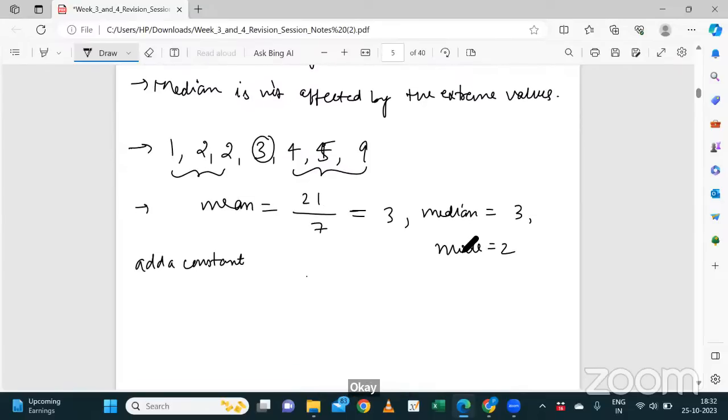Sir, I have a doubt here. I think the median is calculated for ordinal data only. So it's in order already, right? The mode is 2, as it is repeated 2 times. This is already in ascending order: 1, then 2, then 2, then 3, then 4, then 5, then 9.